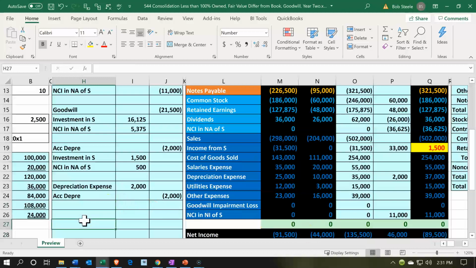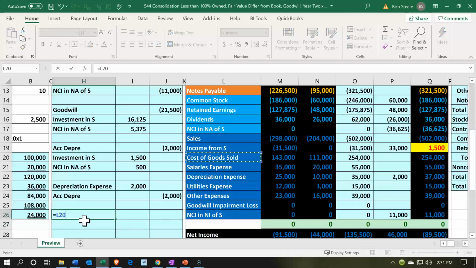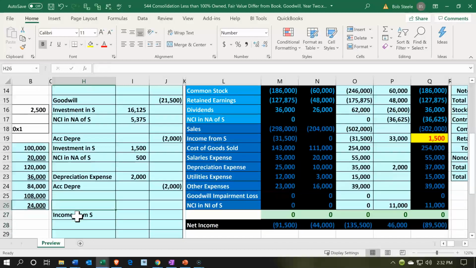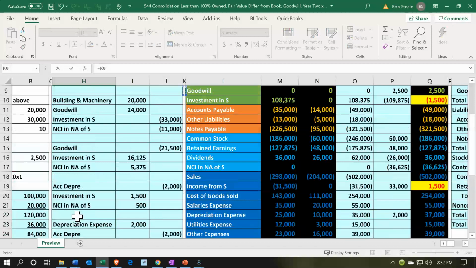So we're going to say then that the income from S needs to be adjusted, and let's actually put it on the bottom. Because this needs to be a credit, so let's put this on the bottom. Income from S needs to be adjusted, and then the other side is going to be going into this income account. We can see what the amount is now, right?